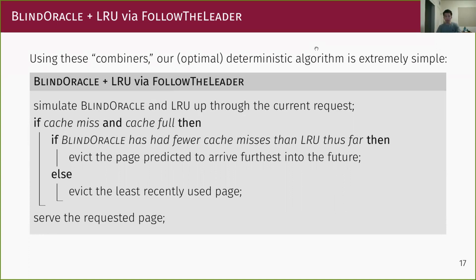And so if blind oracle has had fewer cache misses, then we evict the page that is predicted to arrive furthest into the future. And if LRU has had fewer cache misses, then we evict the least recently used page, and that's all there is to it. And it turns out that this simple description is optimal up to a constant factor in the competitive ratio among all deterministic algorithms.